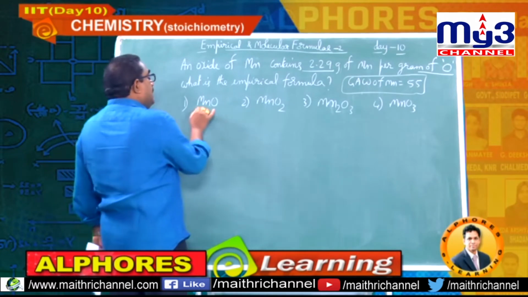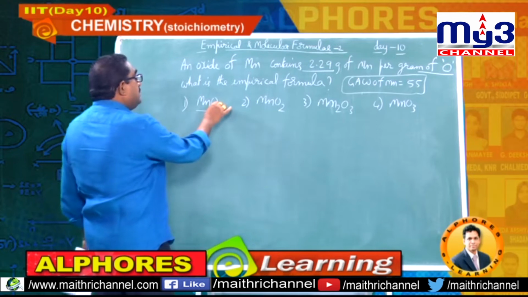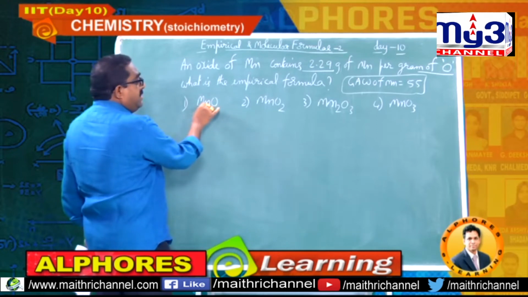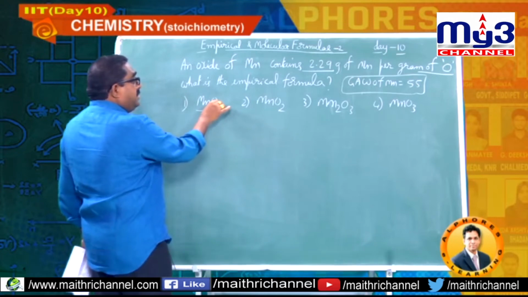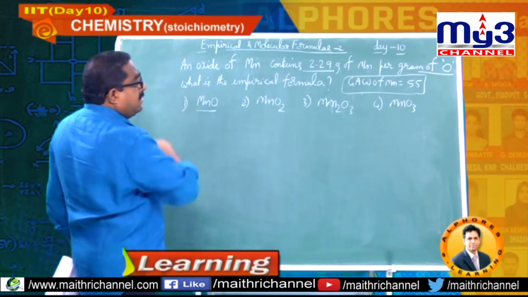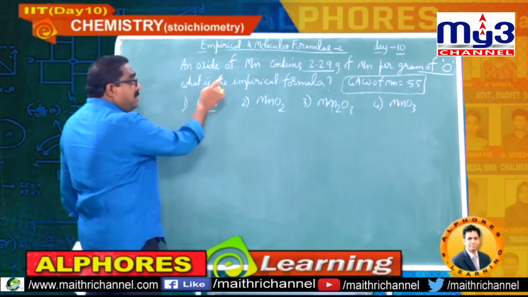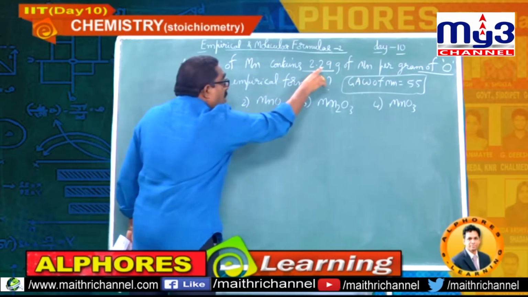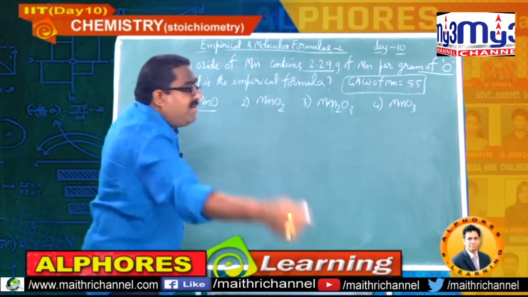Let me check option 1. Here 1 oxygen, 1 manganese. Oxygen means here 16 grams. So how much will be the mass of manganese? Because the mass of manganese should be 2.3 times that of 1 gram of oxygen.